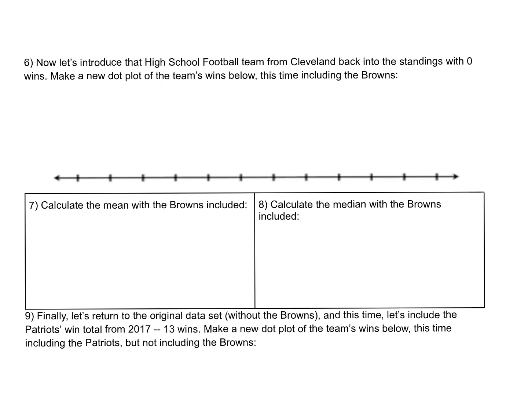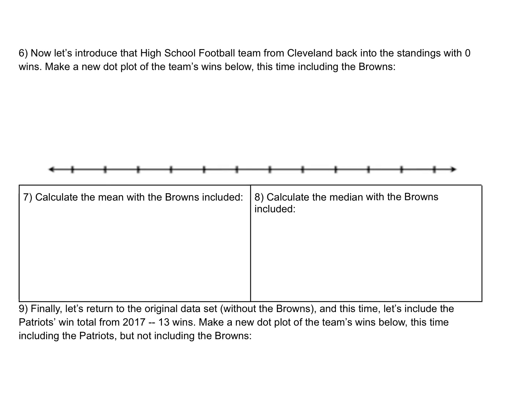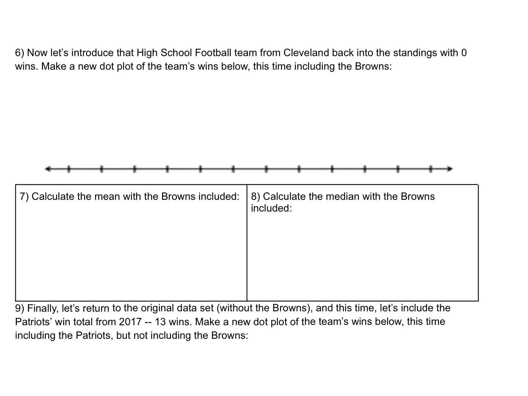Now, let's talk about Cleveland. During the 2017 season, Cleveland had 0 wins. So now we're going to remake our dot plot, but this time we want to include our 0. I'm going to start at 0 and go up by 2s, just because if I went up by 1s, I wouldn't have enough spaces.